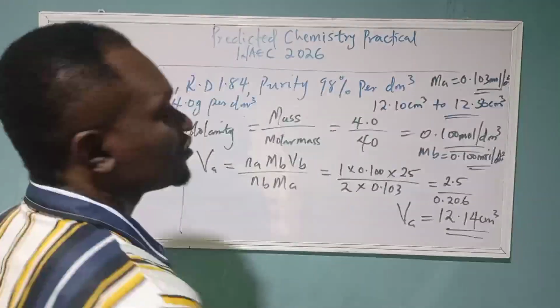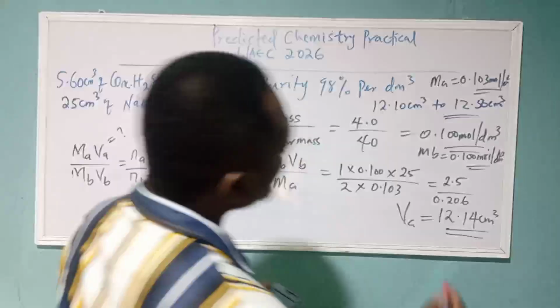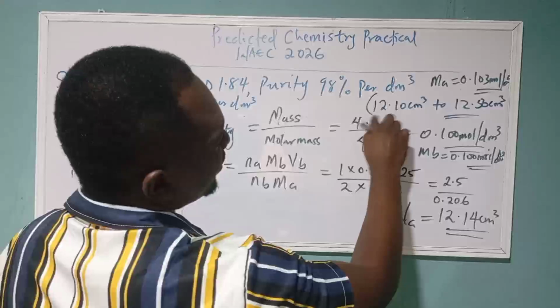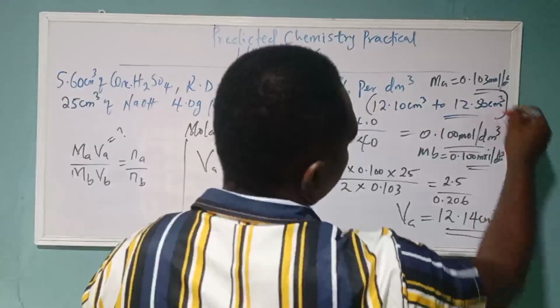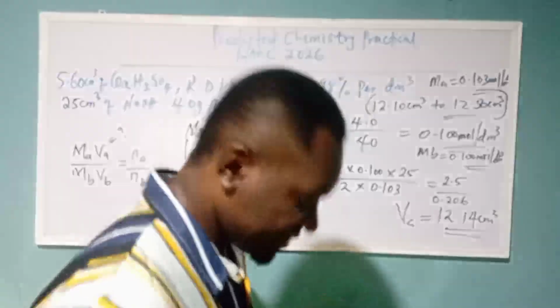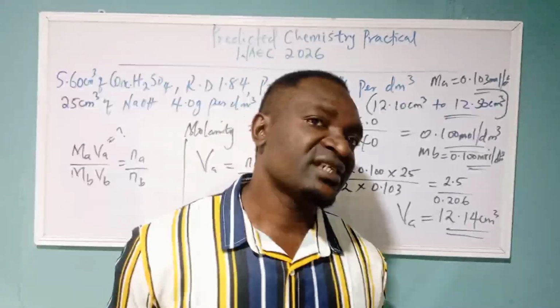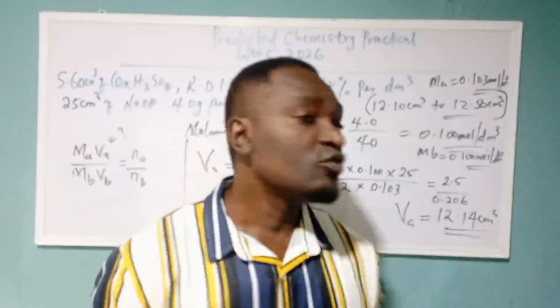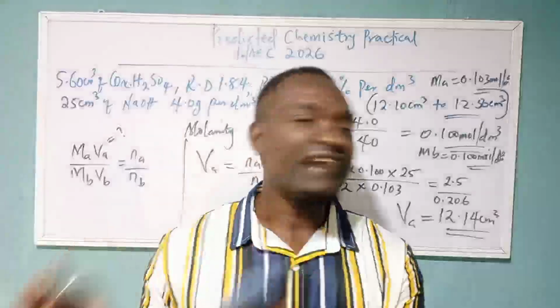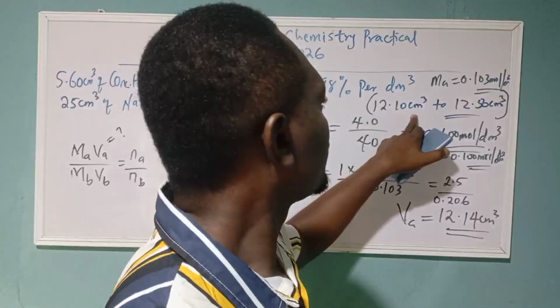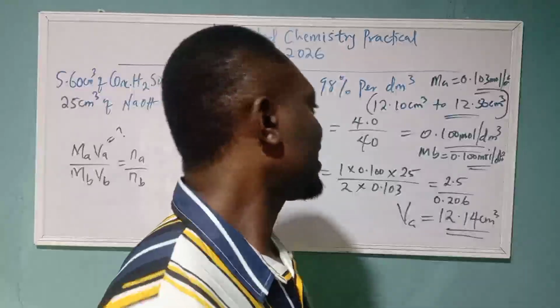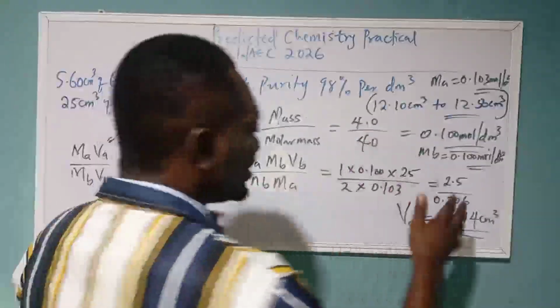Now, remember I told you from the start that the average volume of acid ranges from 12.10 centimeters cube to 12.50 centimeters cube. So in the standard exam where you will do the practical in your lab, the average value of the acid should give you from 12.10 to 12.50 centimeters cube based on this calculation.